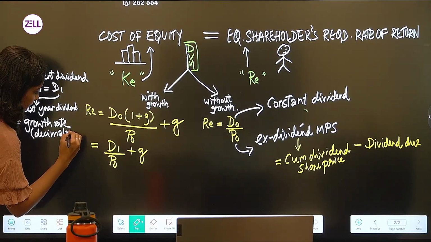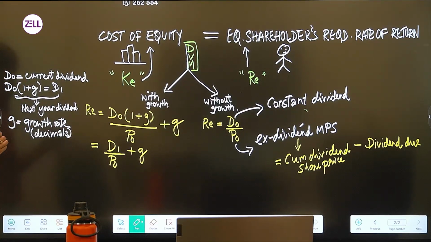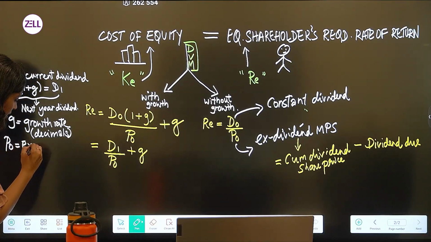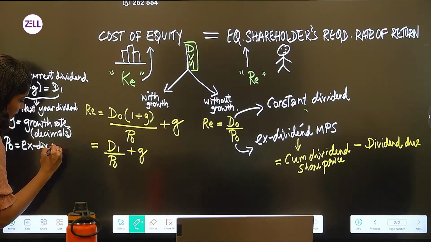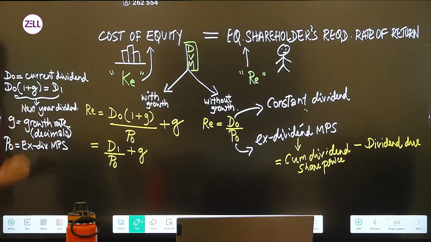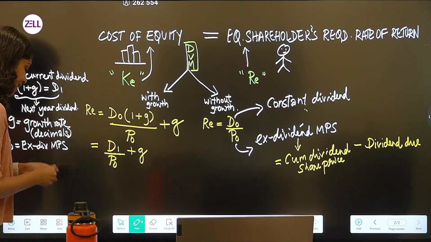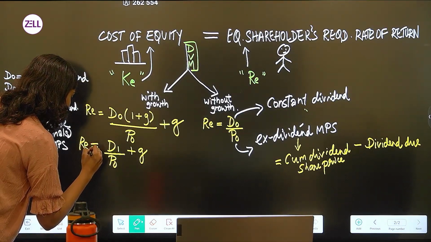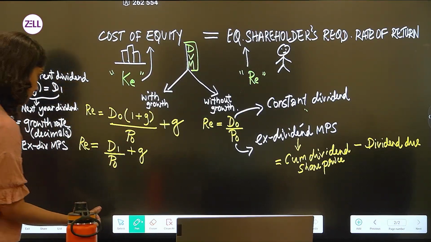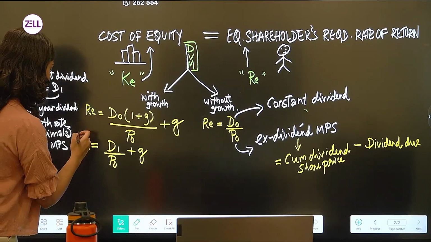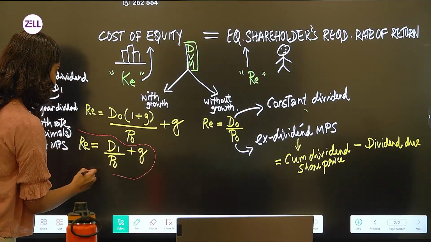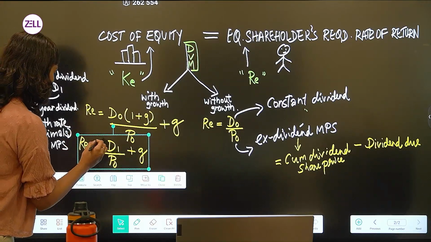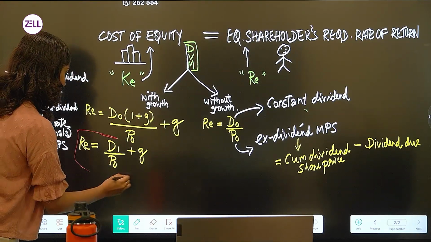Remember that. And P0 is your ex-dividend market price of the share. Now, we know what the formula is. So, we can say that RE is equal to D1 divided by P0 plus G.